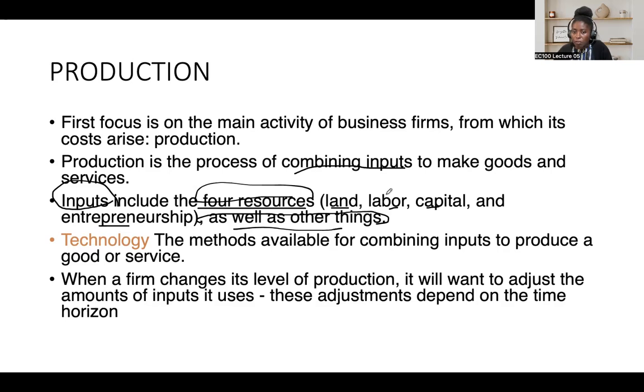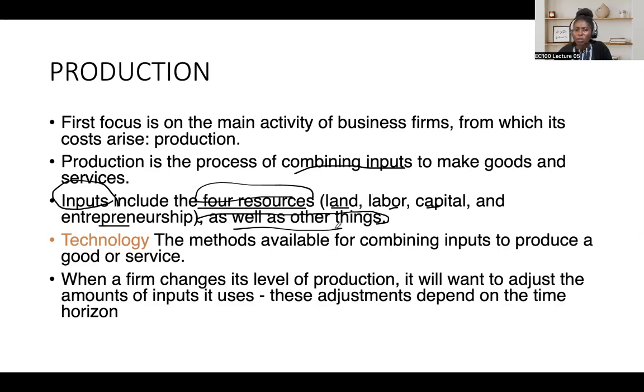You will need people to help you work in the farm, so laborers. You might need a tractor, so maybe a tractor is capital. But then there are things that you might use and you don't know where they fall. Things like fertilizer, things like seeds. They're not really land, not labor, not capital, not entrepreneurship. So where are they? Those other inputs are the ones I'm talking about.